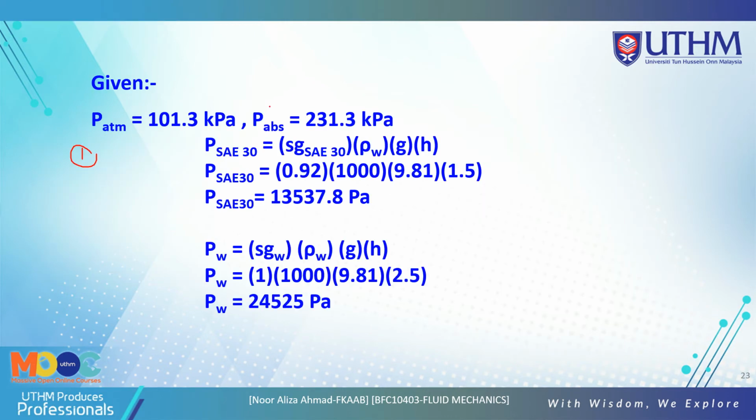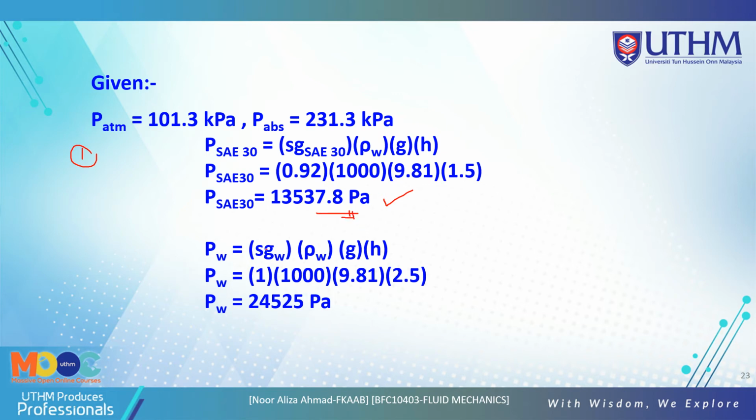So that's why you must calculate SAE oil first, step by step. So you get the pressure of SAE oil: 0.92 times 1000, the density of water, times g 9.81, times h 1.5 meter. So you get the pressure at SAE oil.